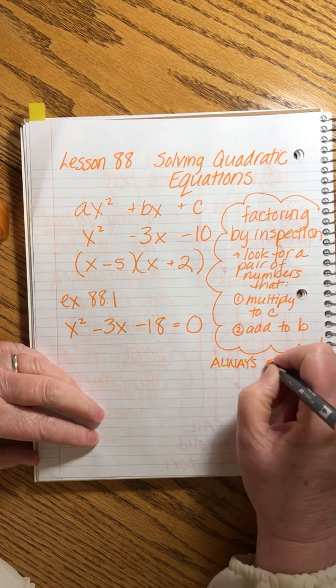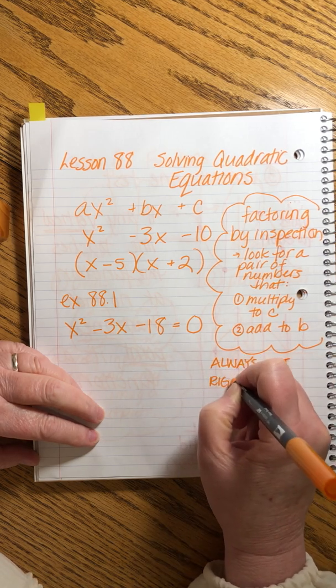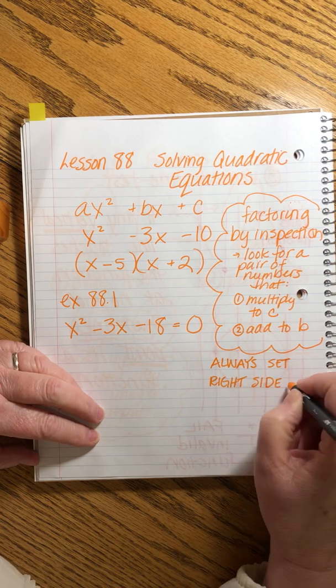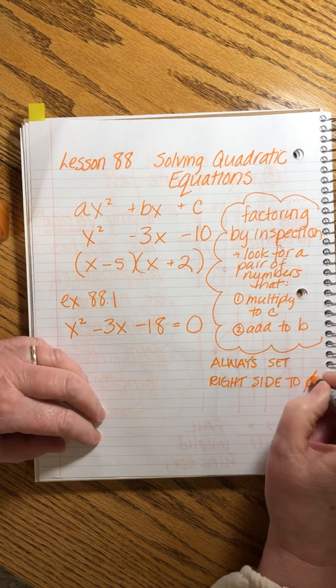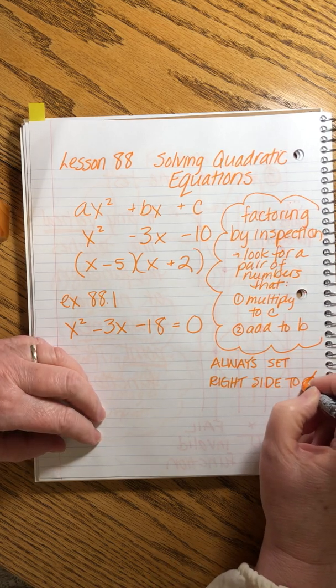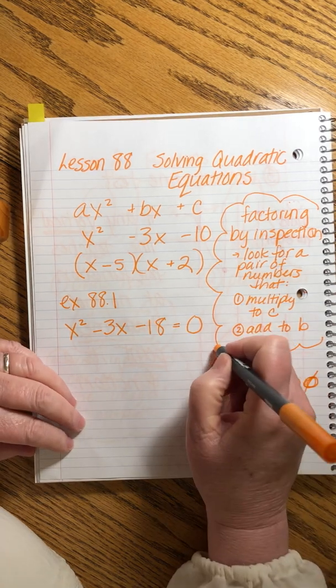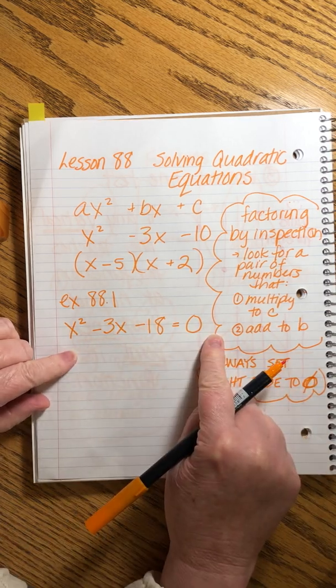Sometimes John will do it for us. But we always want to set the right side of the equation to 0. Remember, when we're writing a 0 and we want to make sure people think it's not an O, we put the slash through it. So this is always set to 0.